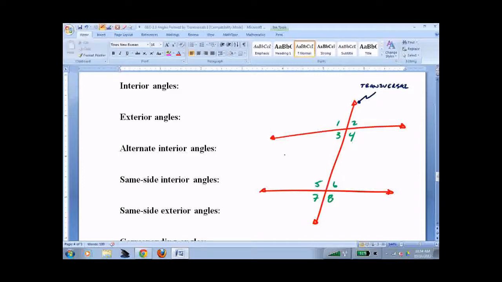Interior angles. This is outside, exterior. This is also outside, exterior. And everything in the middle is interior.